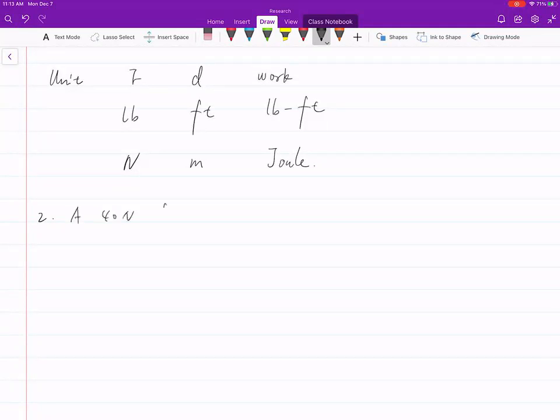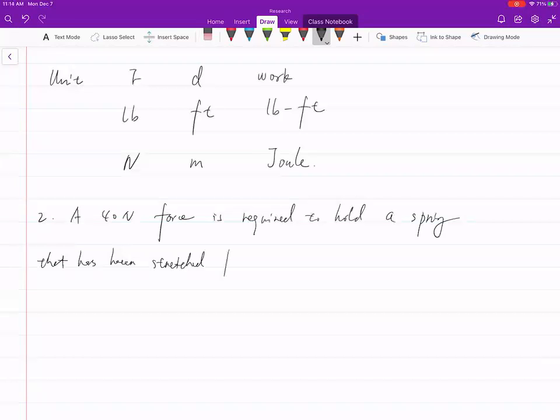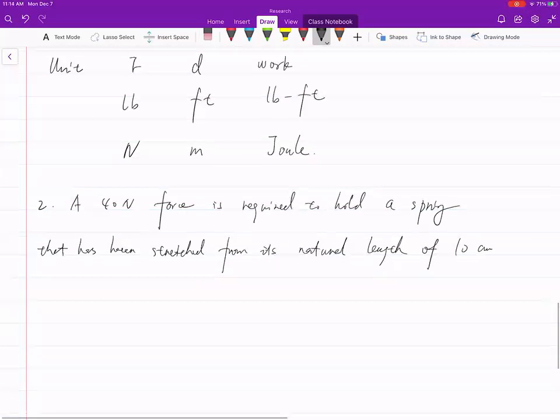A 40 Newton force is required to hold a spring that has been stretched from its natural length of 10 centimeter to 15.